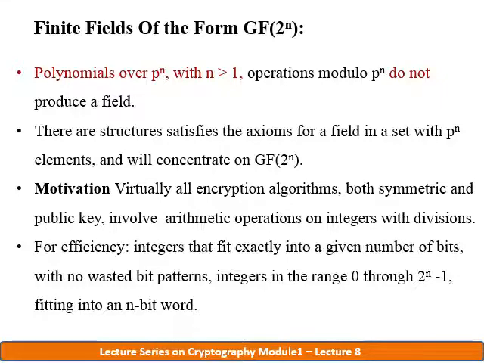There are structures that satisfy the axioms for a field in a set with p raised to n elements, where we are considering p as 2. The p value we are considering as 2, and that is what we are concentrating on in this lecture, that is Galois field of 2 to the power of n, and this will satisfy all the axioms of the field, that is A1 to M7.